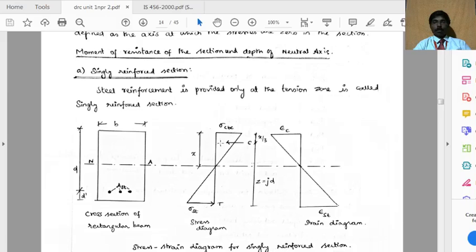Due to this compressive force, sigma CBC, the permissible compressive stress, will act at the top of the section and the permissible tensile stress will act at the bottom of the section. The distance from the point C to the T is called the lever arm distance.